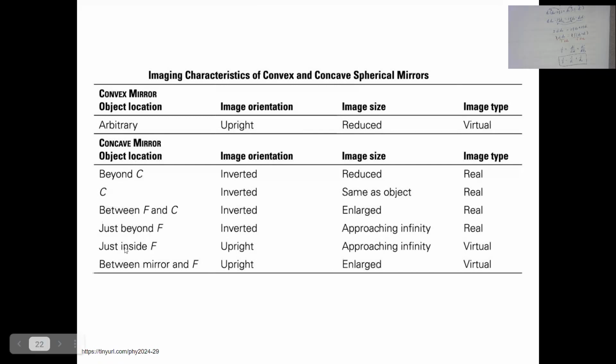If you are inside the focal point, between the mirror and the focal point, you get an upright, enlarged virtual image. So for a concave mirror, you can get a virtual image as well, but again, if it's a virtual image, it's going to be upright. And in this case, you will get an enlarged image for a concave mirror, right?